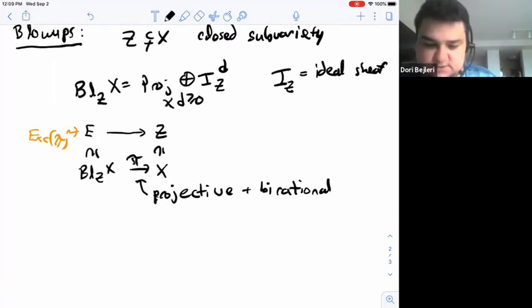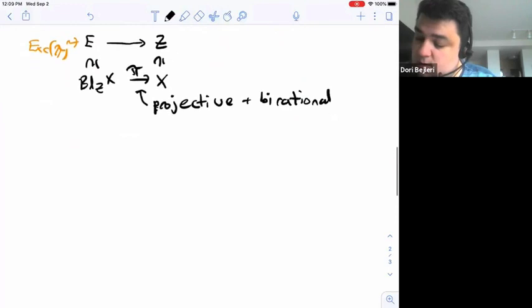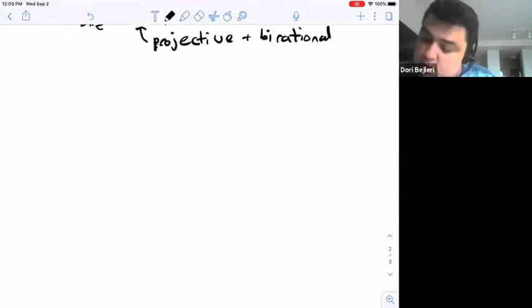The second source of birational maps are linear series. So let's just recall and set some notation about linear series.